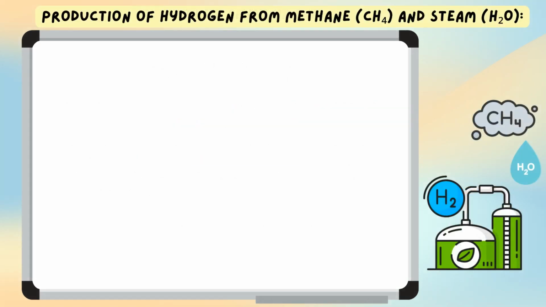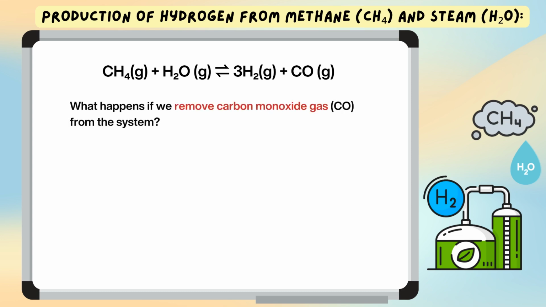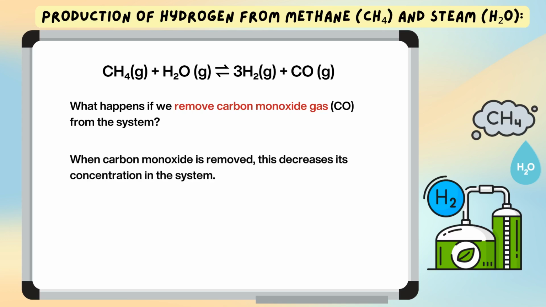Now, let's consider the production of hydrogen from methane, CH4, and steam, H2O. The balanced equation for this reaction is CH4 plus H2O forms and is produced by 3H2 plus CO. What happens if we remove carbon monoxide gas, CO, from the system? When carbon monoxide is removed, this decreases its concentration in the system.